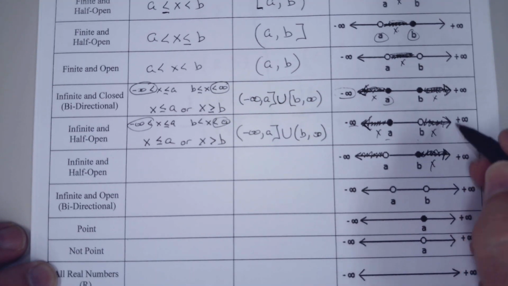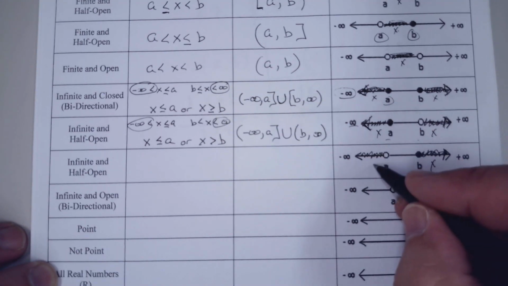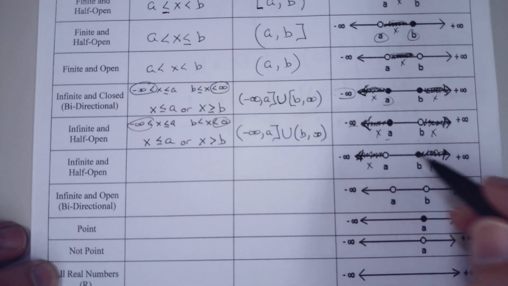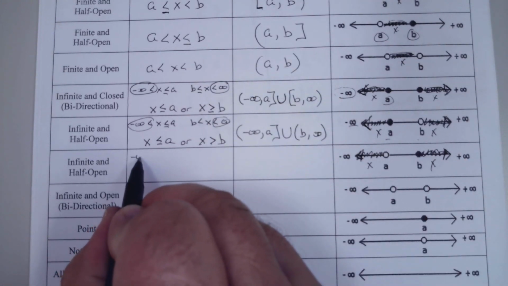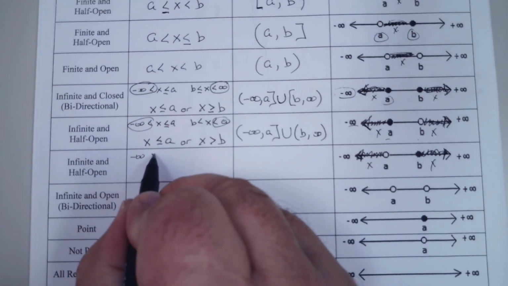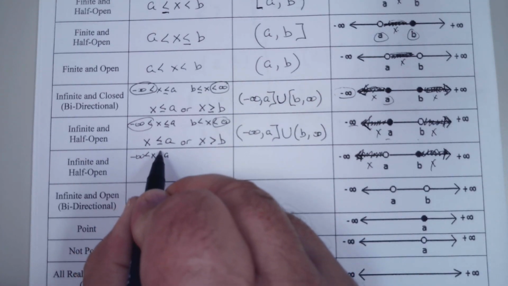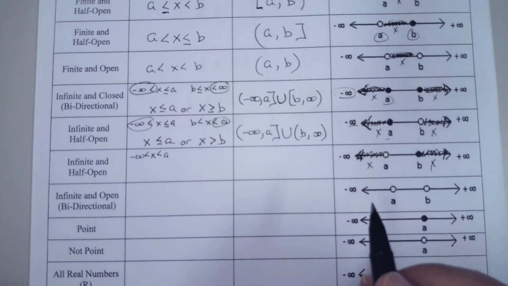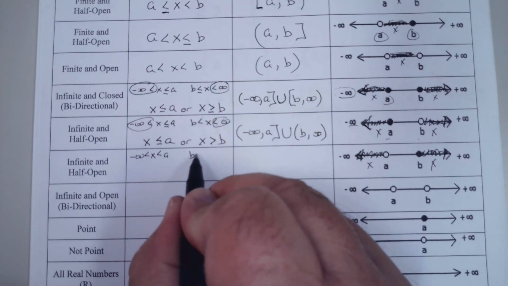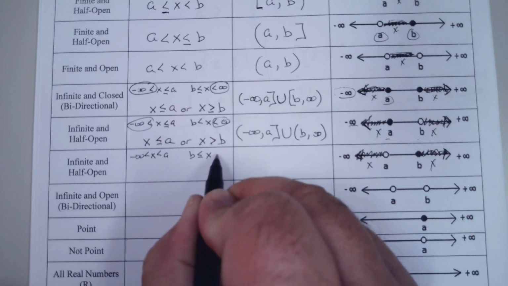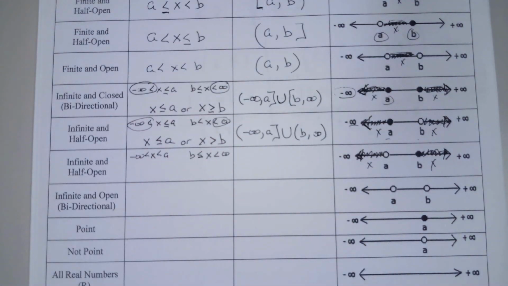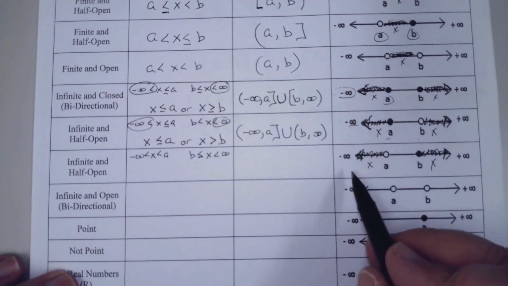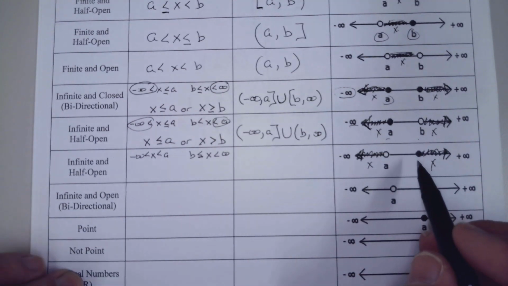There's your x, and there's your x. Negative infinity, go through x all the way up to a. It's open, so I can't use it. B, x, and infinity. I can use b because it's blacked out.